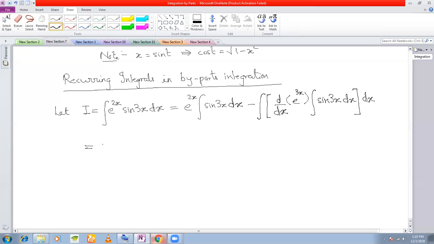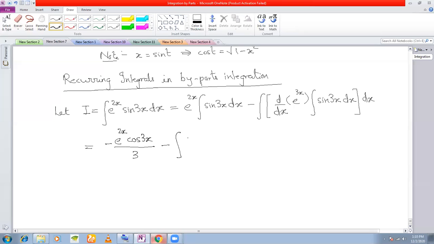So what you get here now, you know that integral sine 3x is minus cos 3x by 3. So this becomes minus e to the power of 2x cos 3x divided by 3, minus integral of the derivative of e to the power of 3x.